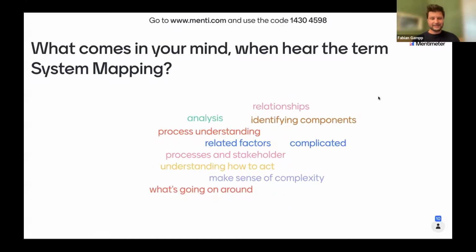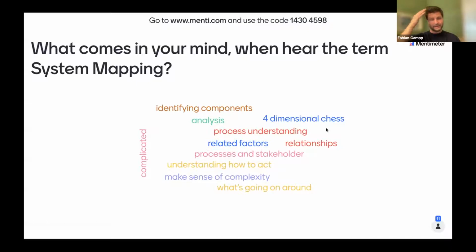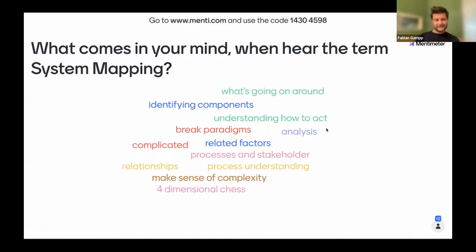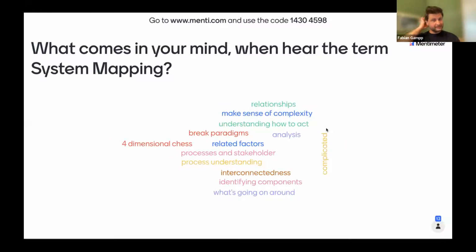That's actually, I would say, the overall goal, to get an idea of what is out there, how it is working, and relationships are one key part, which we will also touch upon today. Understanding how to act. Yes, we're trying to understand the system in order to take more informed decisions in the end.